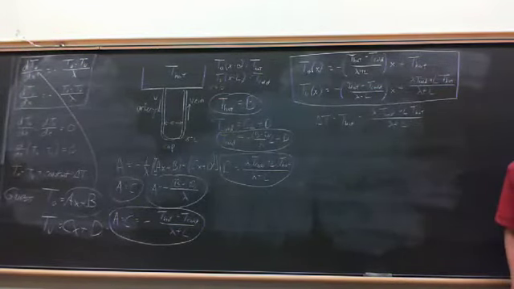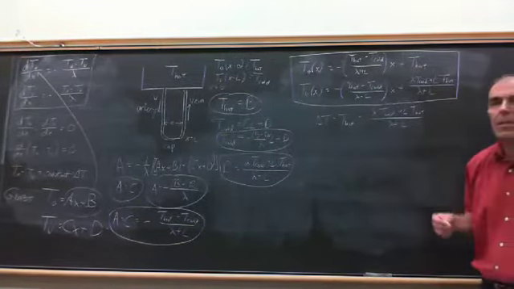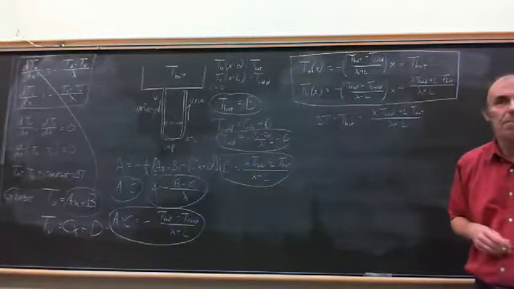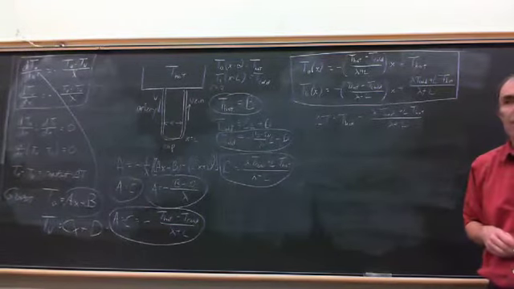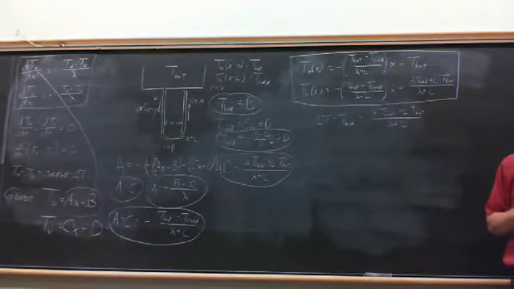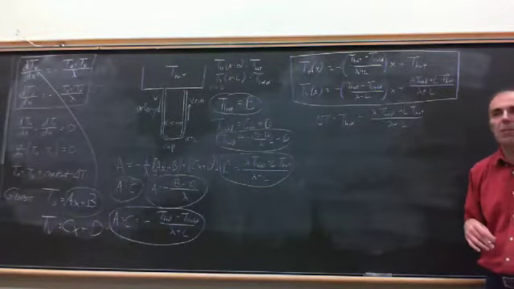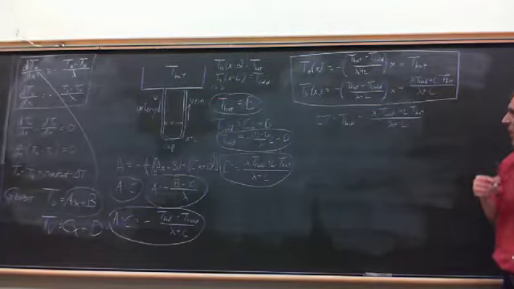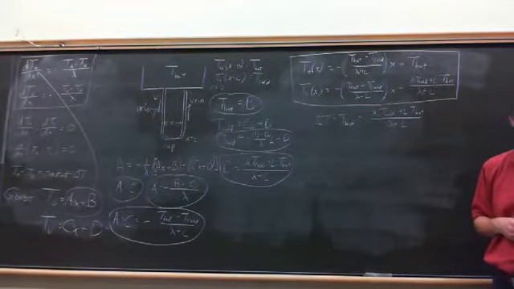And again, what can you do to make this look a little neater, to simplify it? What's the problem with this expression that makes it look ugly? I know that's somewhat subjective. I want this thing over a common denominator.